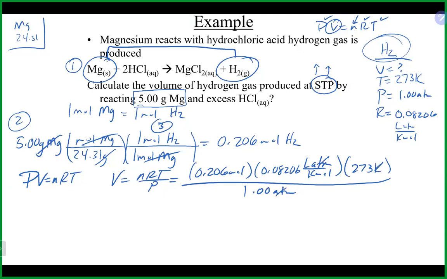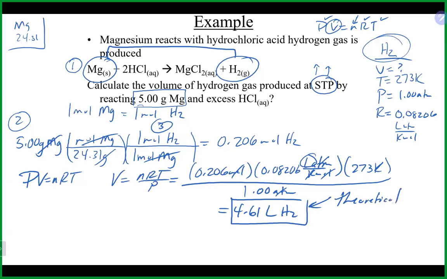Atmospheres will cancel, Kelvin will cancel, moles will cancel, leaves us liters that's left over. And that gets us 4.61 liters of H2. Since this is a product, this would be our theoretical yield in this case.